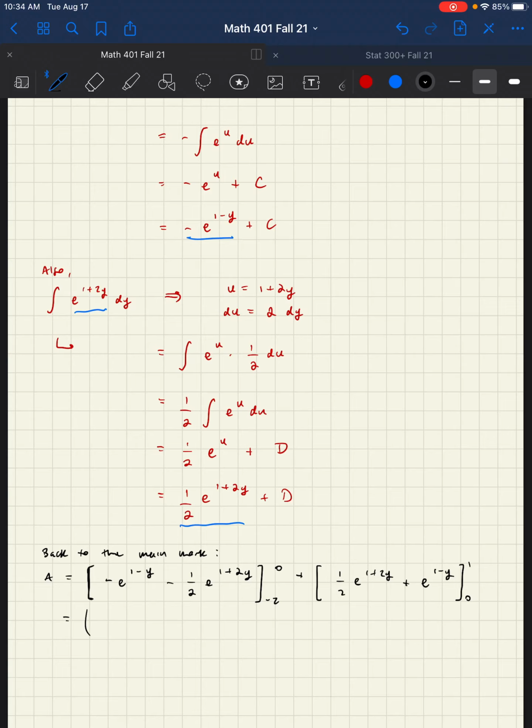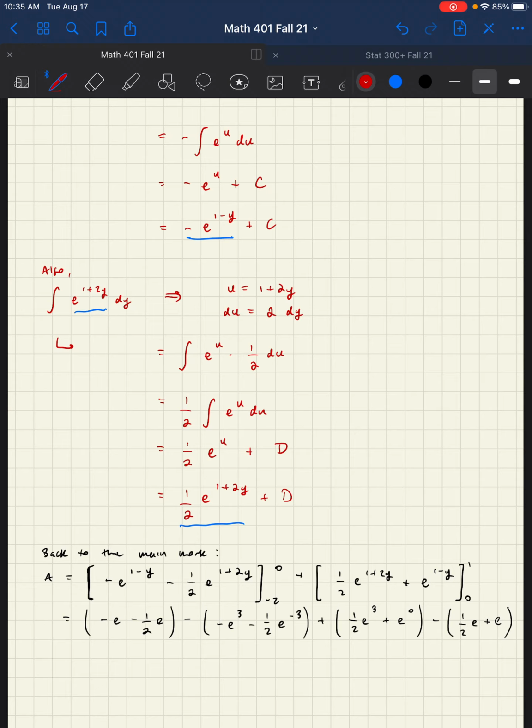It's just some tedious algebra, but we're using FTC2 to get negative e minus 1/2 e, close parentheses, minus negative e cubed minus 1/2 e to the -3 plus 1/2 e cubed plus e to the 0 minus 1/2 e plus e.